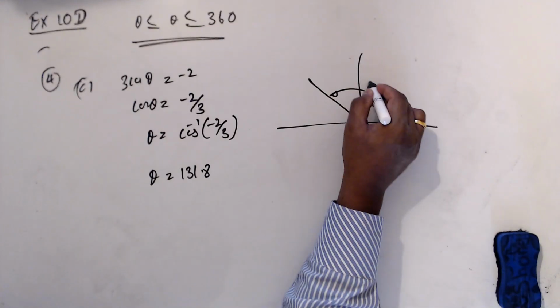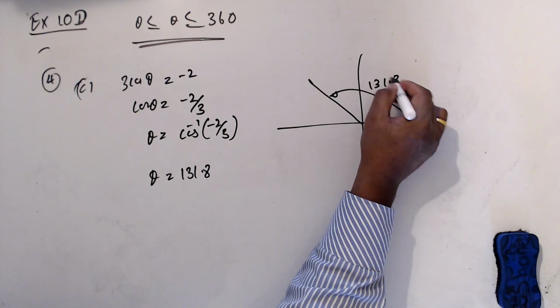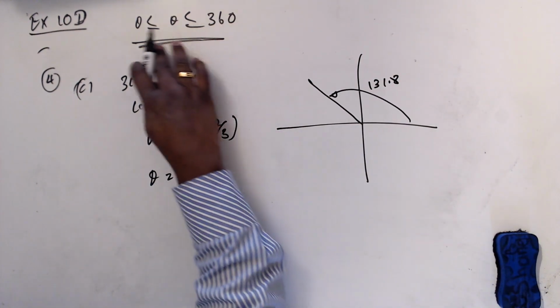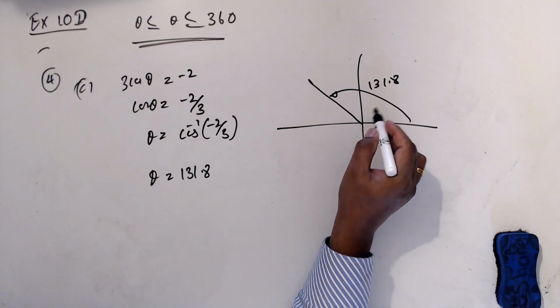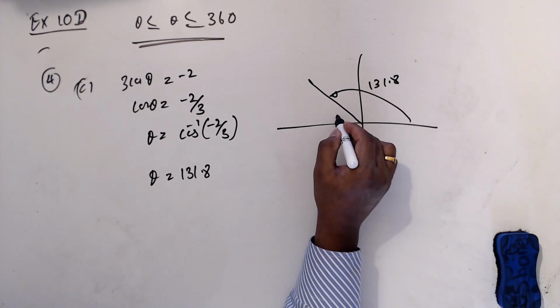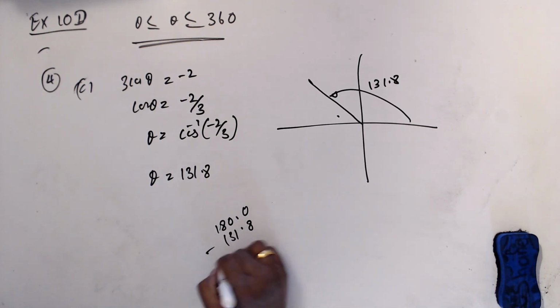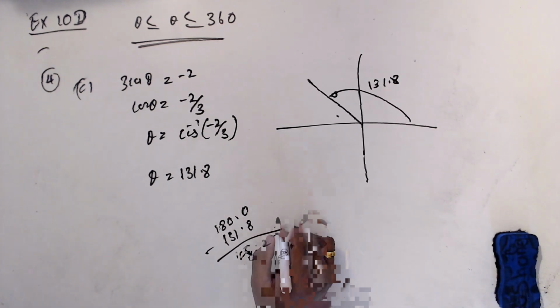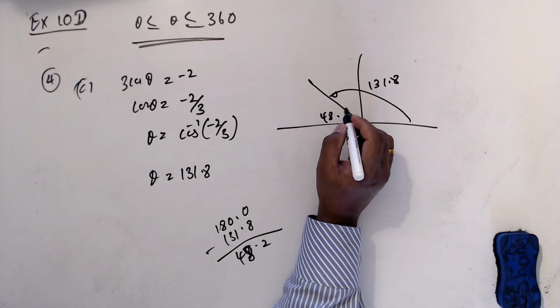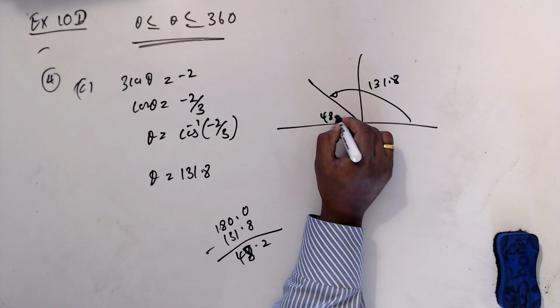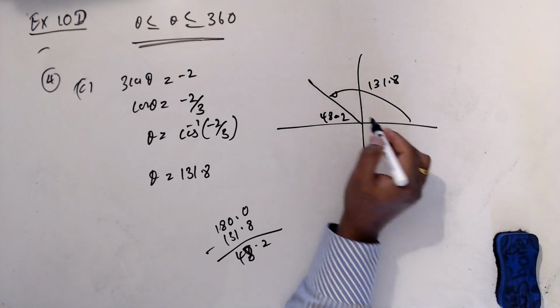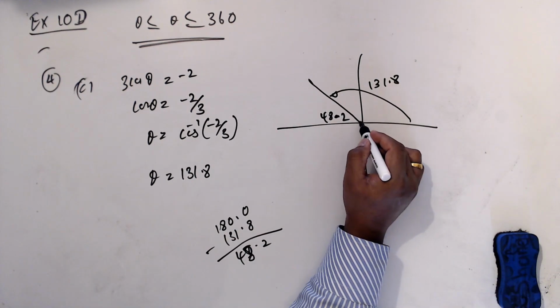This one, 131.8, is also an answer. It is in this region. If this is 131.8, what is this angle? 180 minus 131.8, this is 48.2.